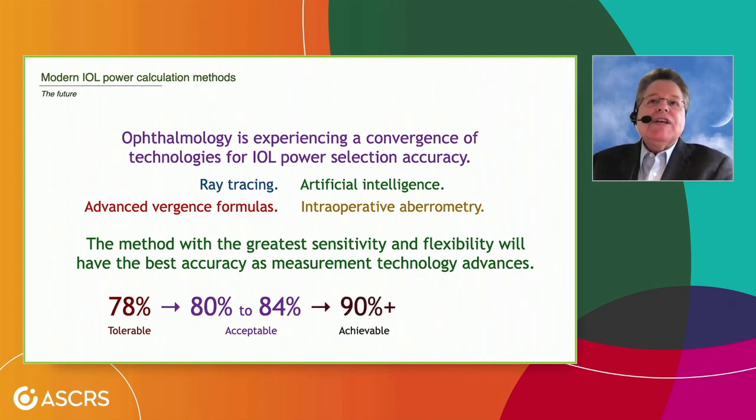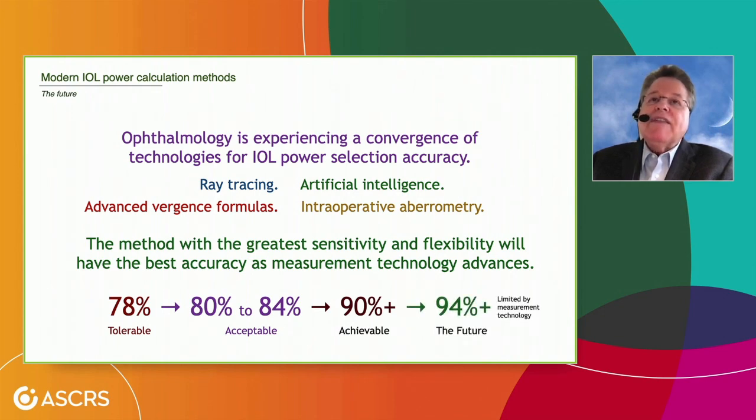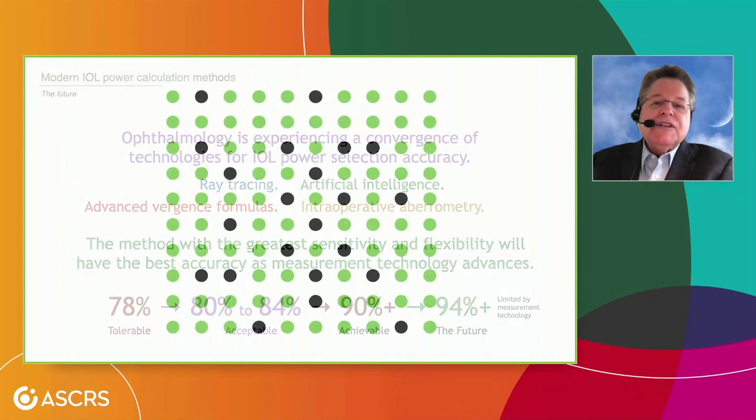I think 90% is achievable by really taking a lot of care with how you do your measurements and using modern biometry. We optimize the ocular surface on every single patient prior to undergoing biometry, and that has really helped improve our accuracy. And in the future, I think we're looking at 94% perhaps for the next generation of measurement technology and further improvements in artificial intelligence.